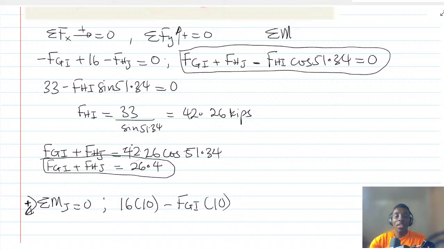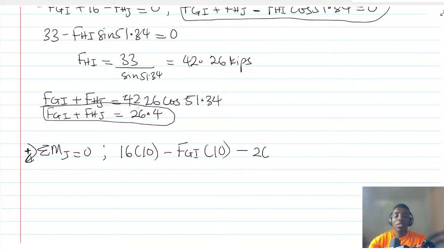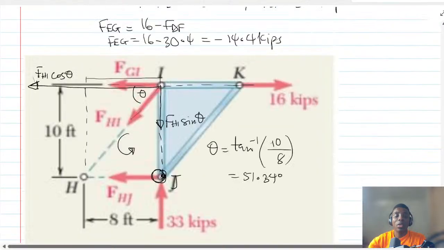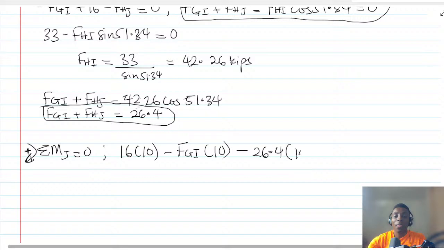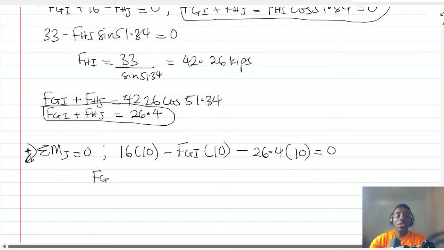Because FHI is 42.26 and then cos 51.34. So it is this 26.4 here. So minus 26.4, that is the FHI cos theta, multiplied by 10 equals 0. So let's solve for FJI.